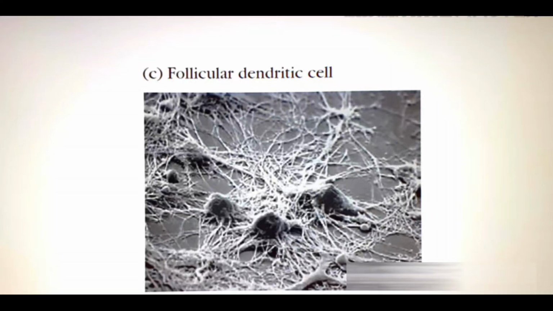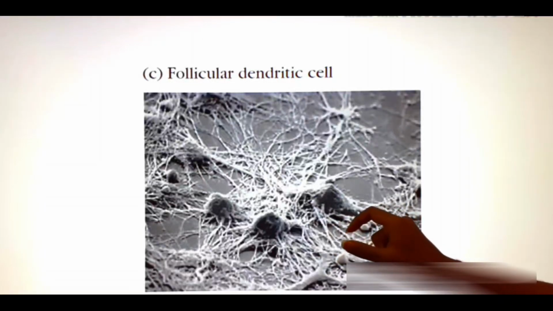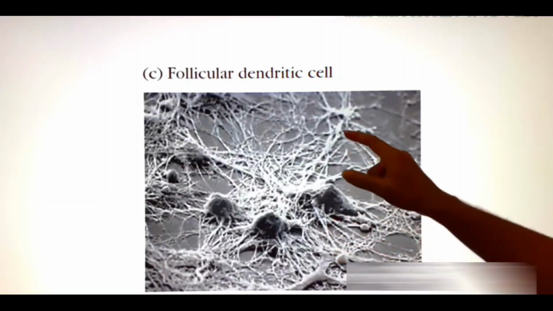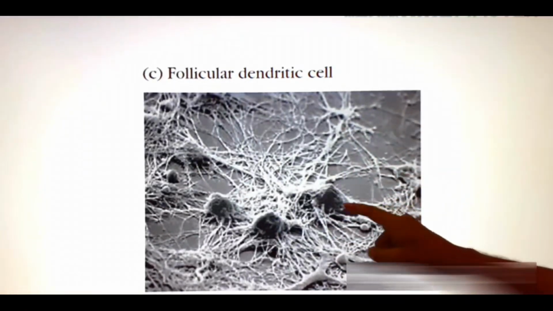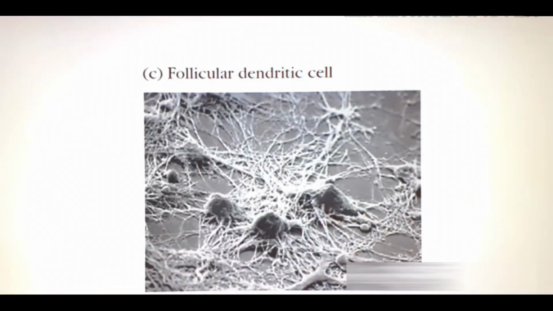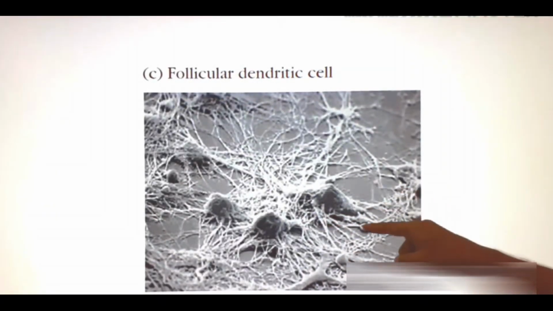Don't confuse it with the dendritic cell, because this follicular dendritic cell, called FDC, is not a dendritic cell and is not generated from bone marrow. So it is a different cell, but the shape of the cell is similar to the dendritic cell, so it is called follicular dendritic cell. This cell is present in the follicle of the lymph node and it helps in the differentiation of B cells.